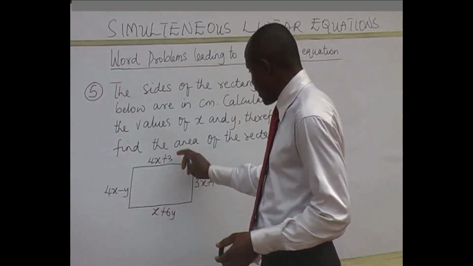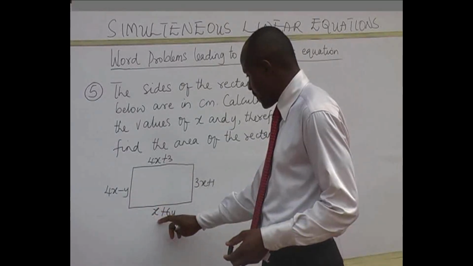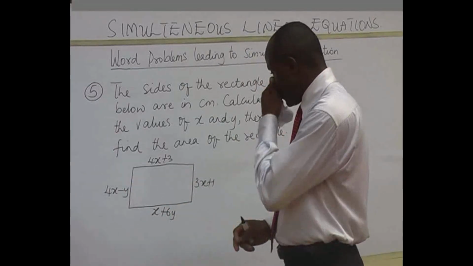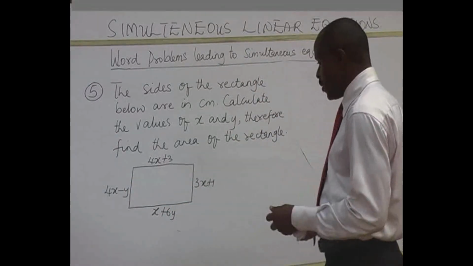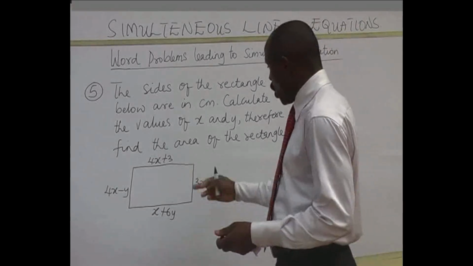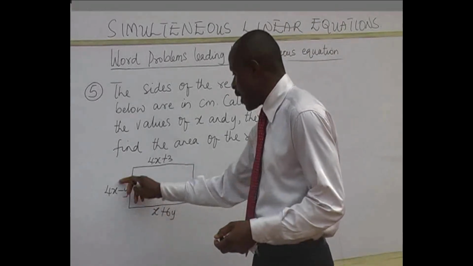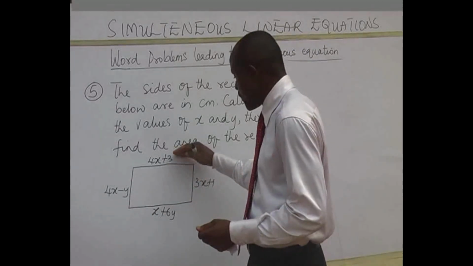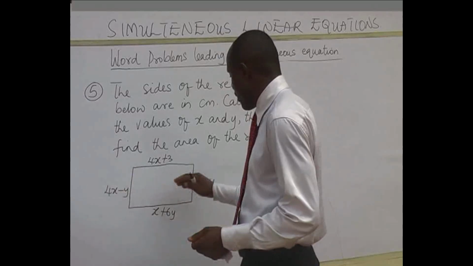That means this side of the rectangle is equal to this side, while this side is equal to this side. Since the opposite sides of a rectangle are equal, we are going to equate the values we have in the opposite sides of the rectangle.